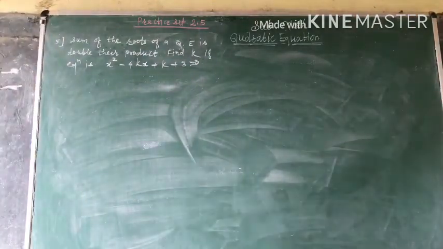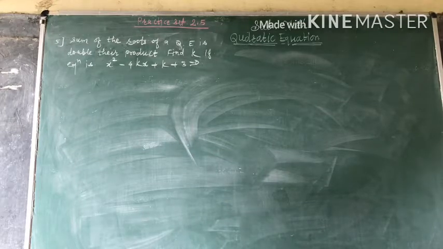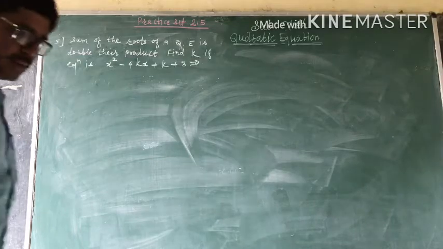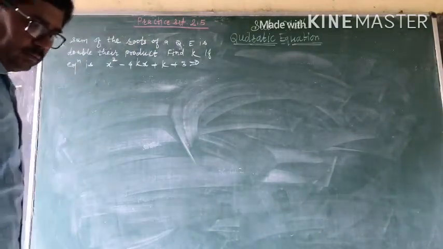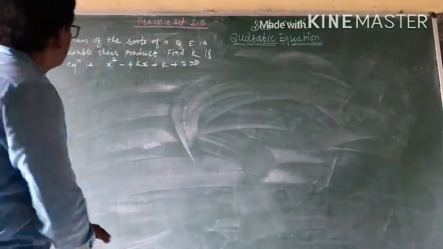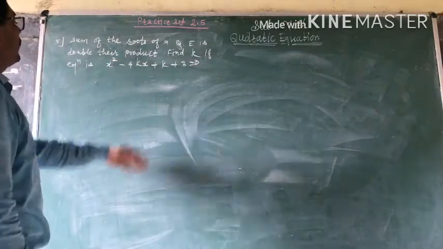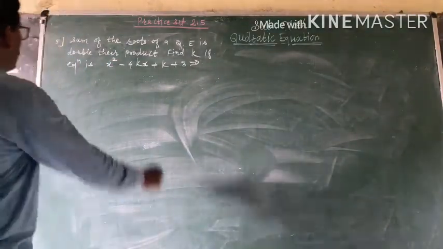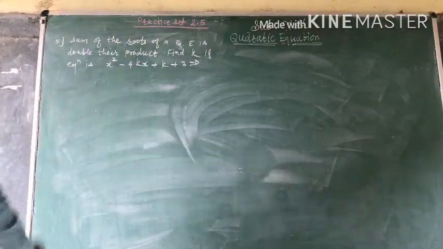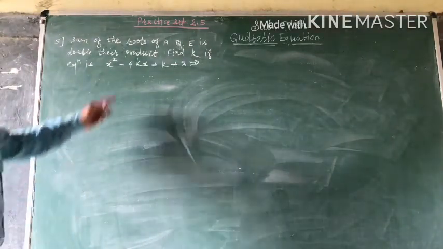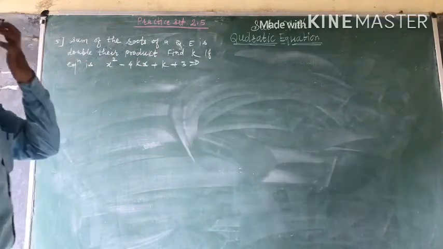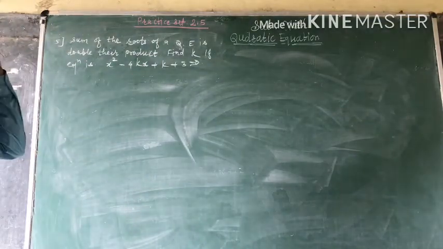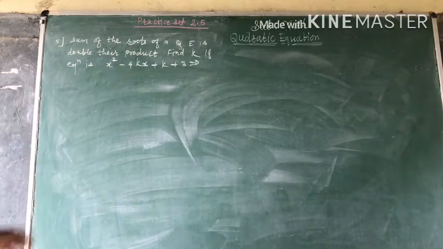What is given here? Sum of the roots of a quadratic equation is double their product. Find k if the equation is x square minus 4kx plus k plus 3 is equal to 0. Now we have to find the value of k here, and the condition is given.